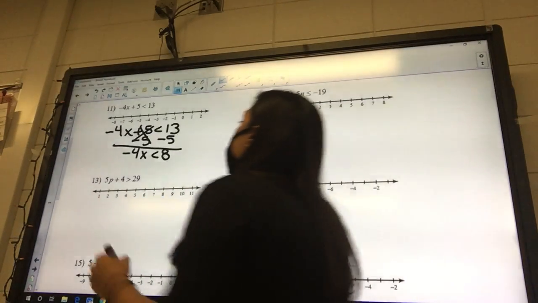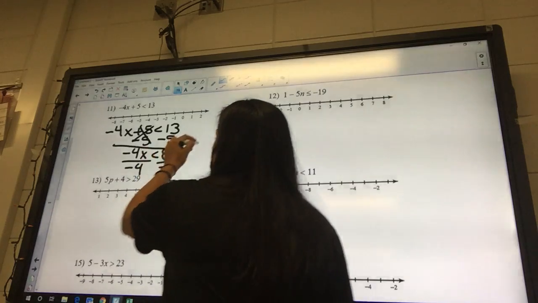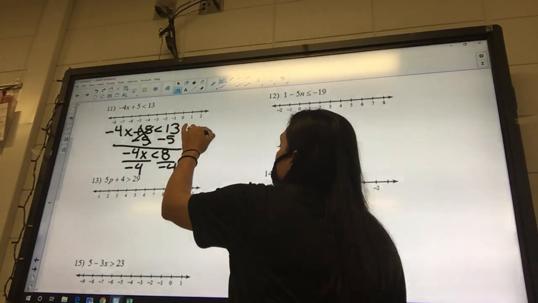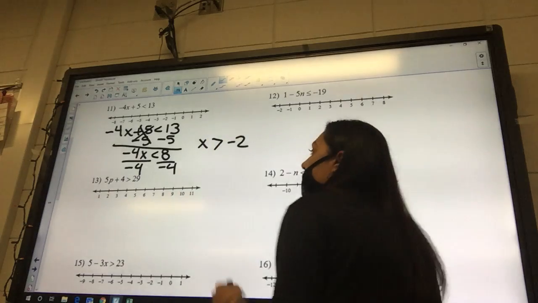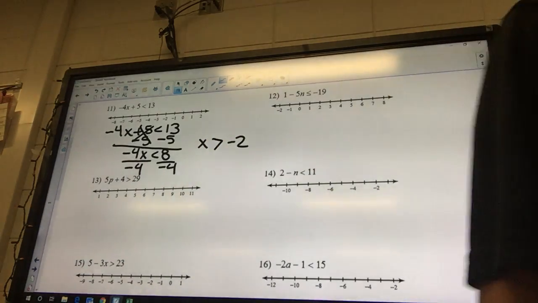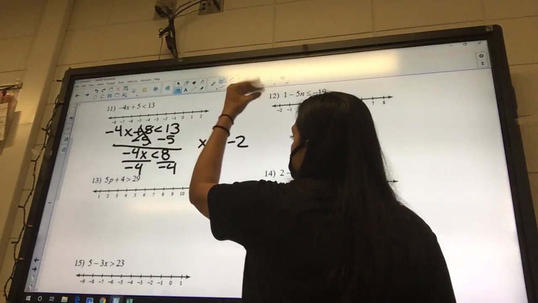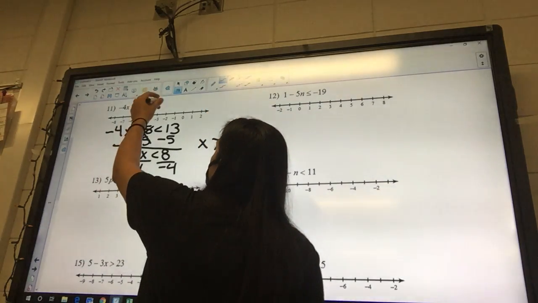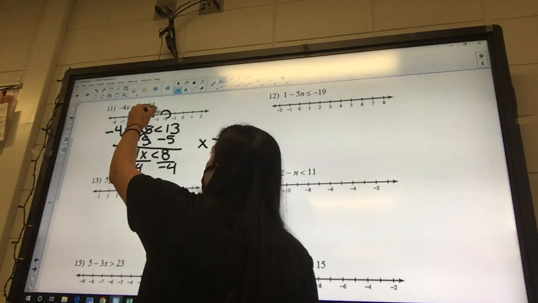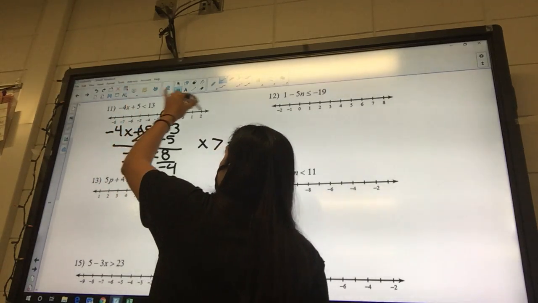Divide. Do we need to flip? Yes, because it's a negative. The number we're dividing by is a negative, so we need to flip. The alligator mouth was this way, and it needs to go this way now. So on the 2, negative 2 should be open, pointed towards the right.